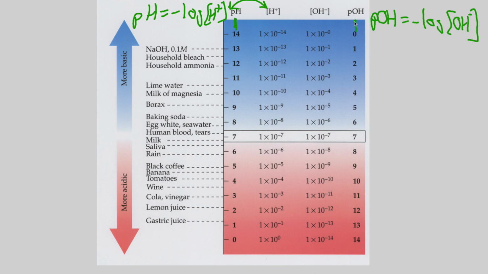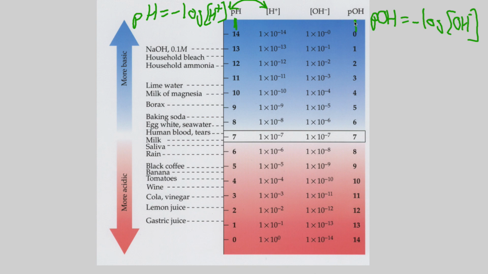Guys, this is an important idea. When we have acid-base systems, their pH and their pOH always add up to 14. Find that on your AP equation sheet. There you go. Do you see it there? You guys okay?